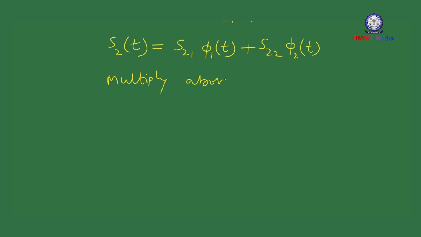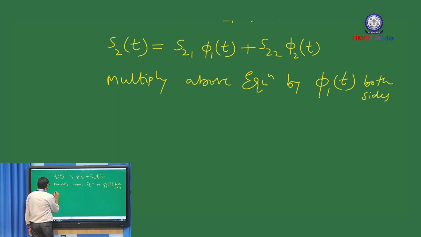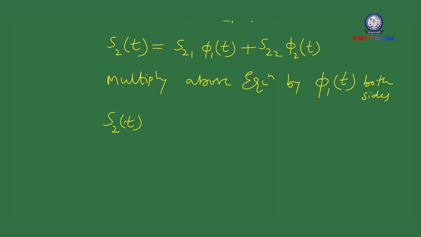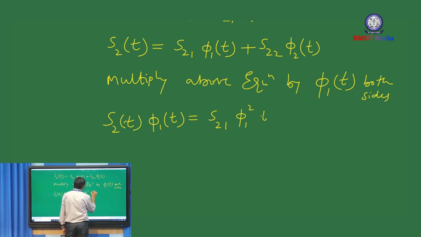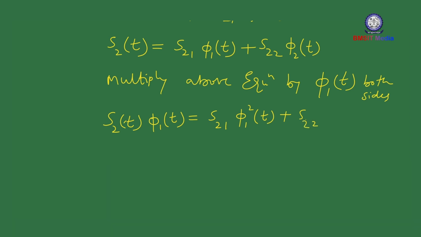With that, I can write S2 of t into phi 1 of t is equal to S21 phi 1 square of t plus S22 phi 2 of t into phi 1 of t.